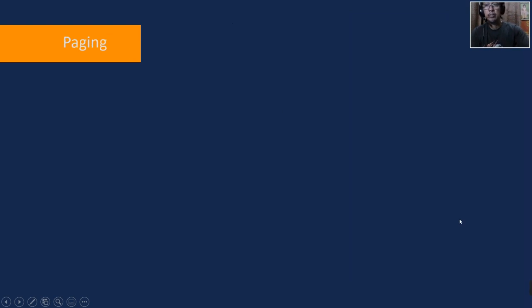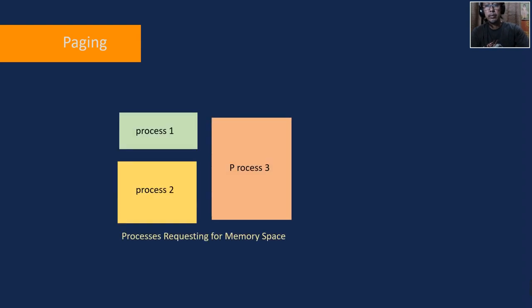Okay, now let's look at paging. So here an example is your process 1 is smaller in size. Process 2 is a bit bigger than process 1, and process 3 is the biggest so far. So in paging, you will not see the table, but instead you will just have to imagine that you have these different data sizes that have to be placed in your memory using paging.